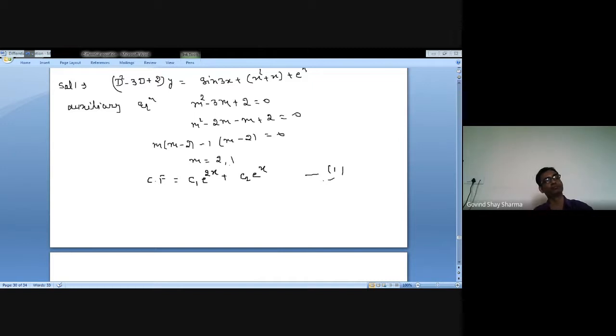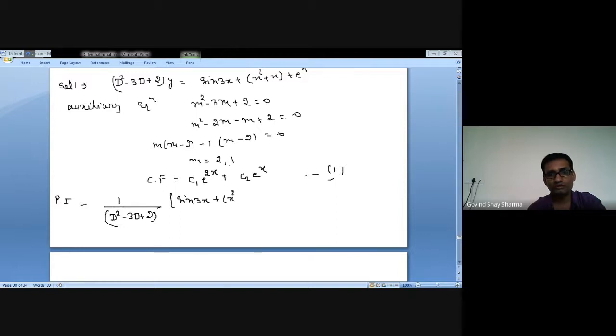Now we move to PI. Take this side, PI. PI is equal to 1 upon f(D) of sin 3x plus x square plus x plus e to the power x.